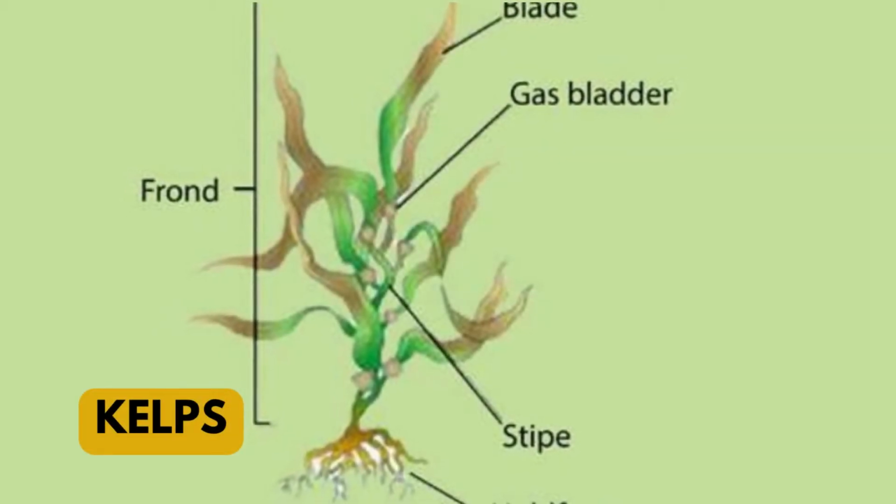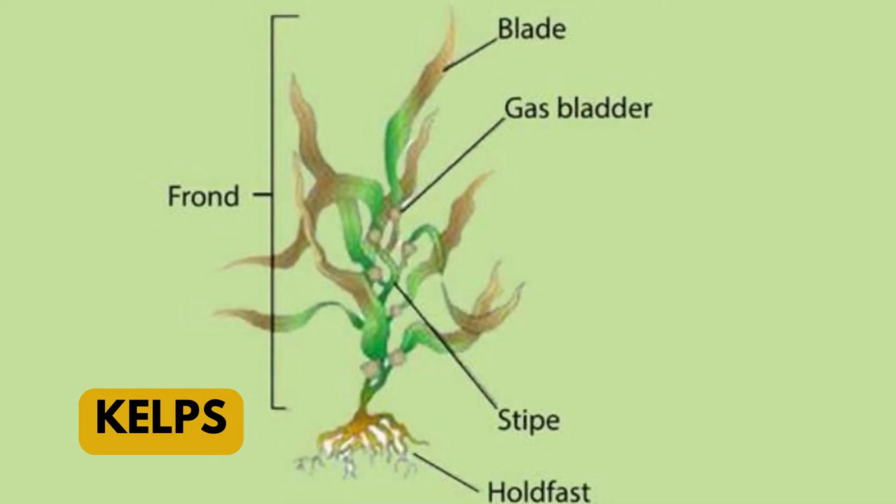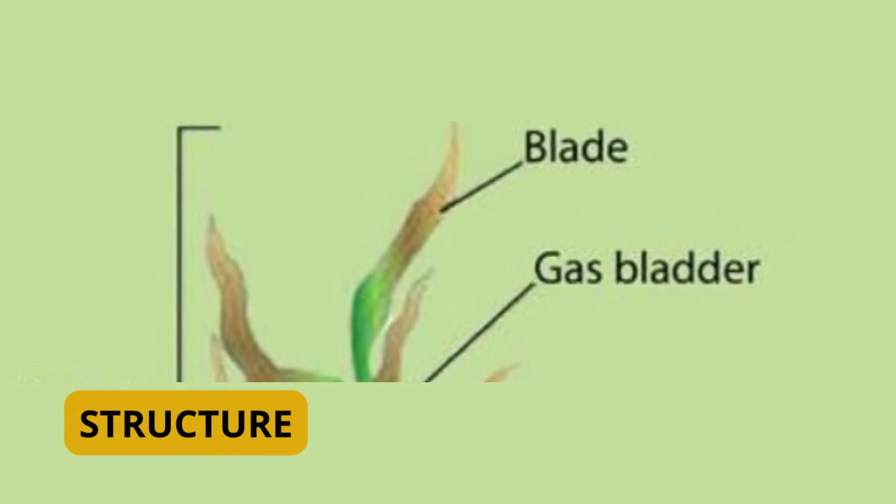The largest brown algae, called the kelps, are tough and leathery in appearance. As you can see here, kelp. This is the largest brown algae. Structure of kelp: it consists of leaves.